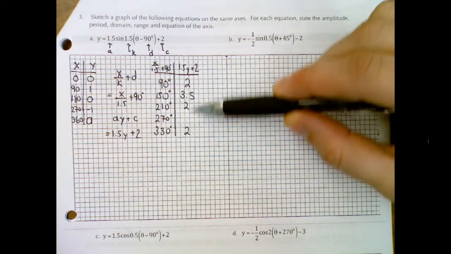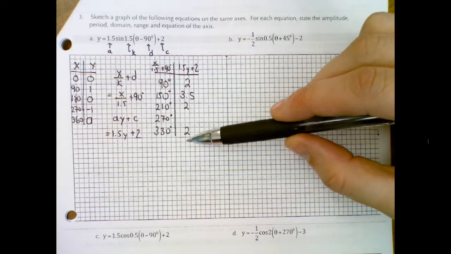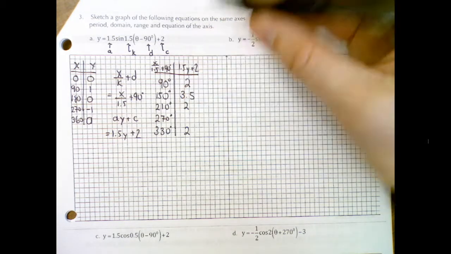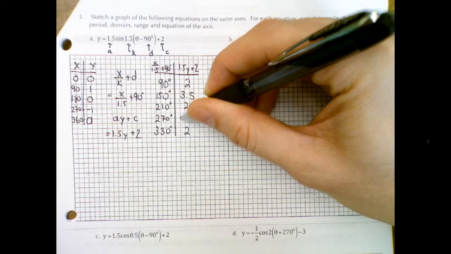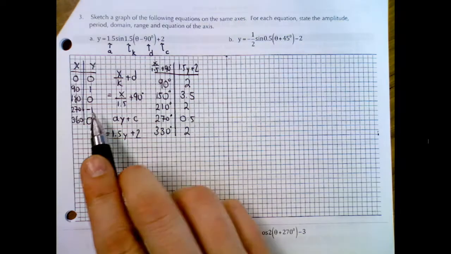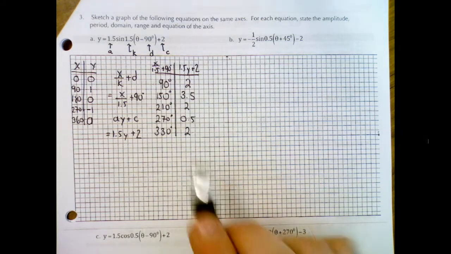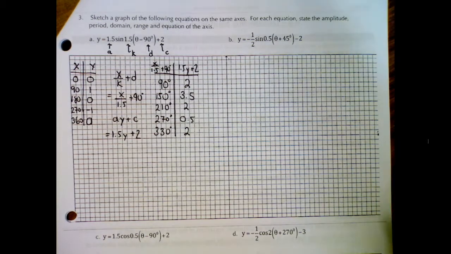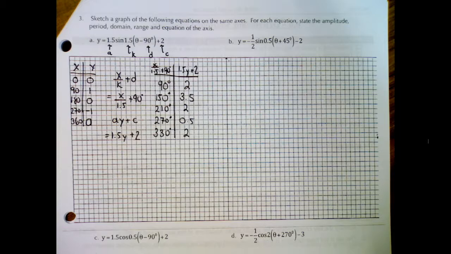The y's you can probably figure out just by looking at the equation, but mapping notation will keep it solid for you. The minimum should be 1.5 under 2, which is 0.5. And you can get that by inputting the -1, and you end up with 0.5. The hardest part of coming up with this graph is the x scale and building your scale.